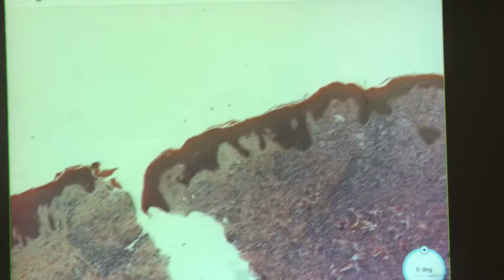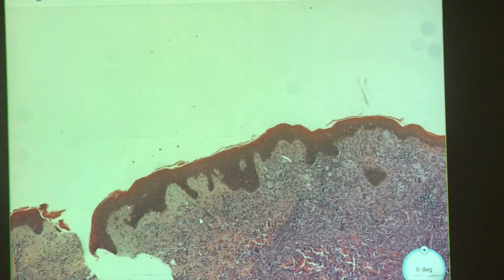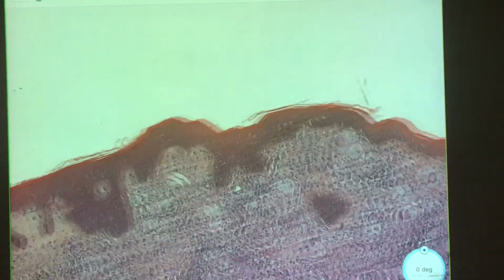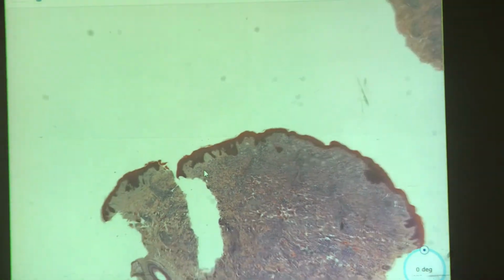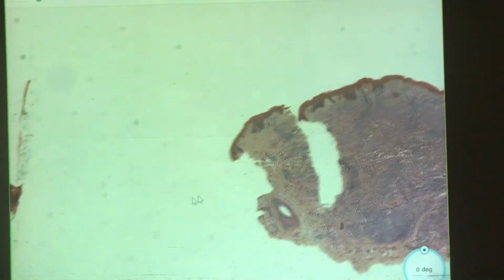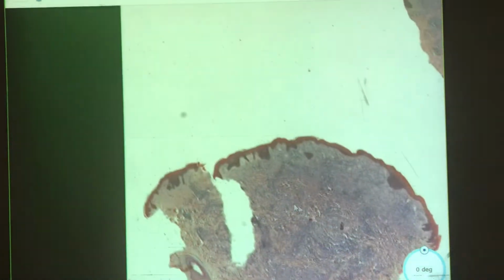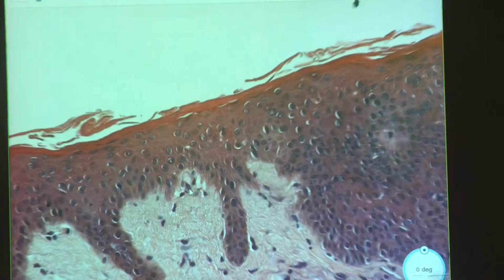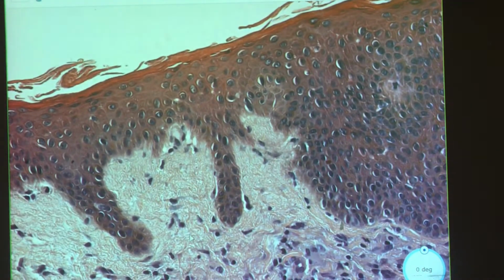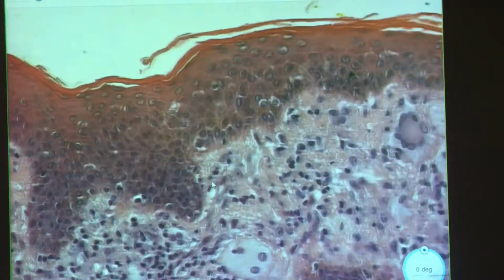I don't know, something not quite right about these rete ridges. Can't put my finger on it. They're a little elongated. Oh, are they? It's not as much as that verruciform lesion, but they do look elongated. Look at that. Beautiful.